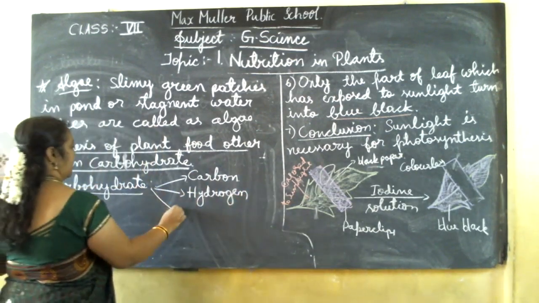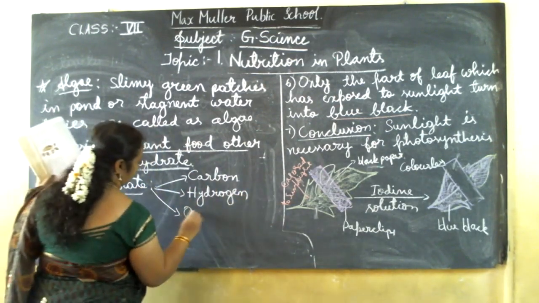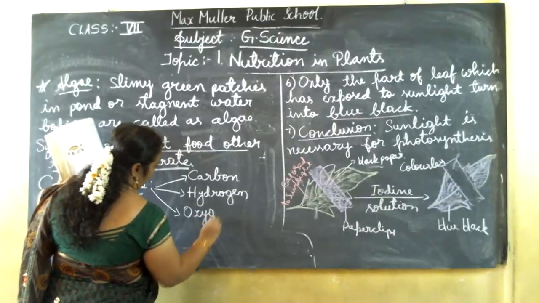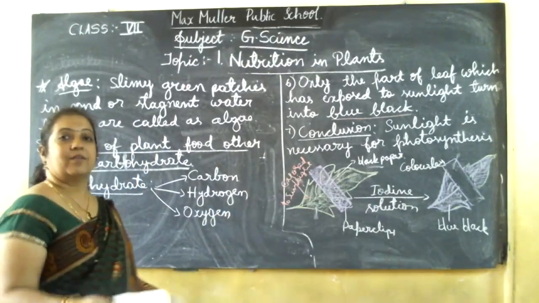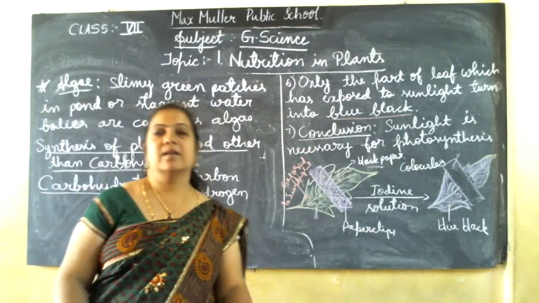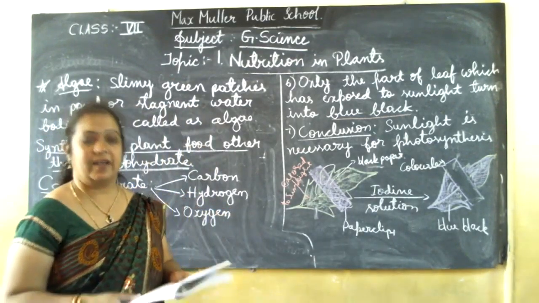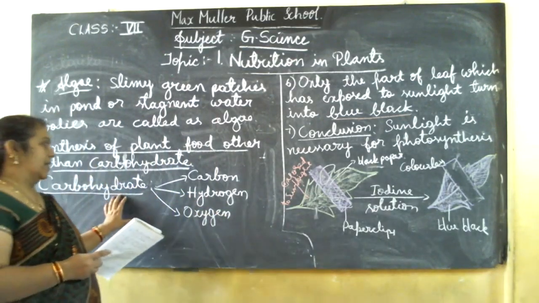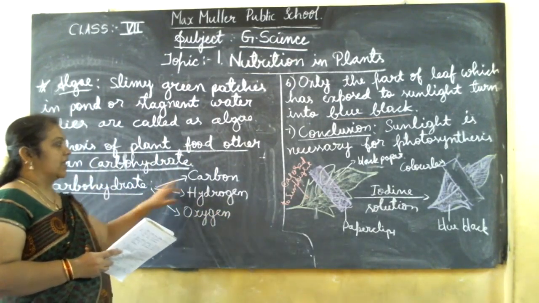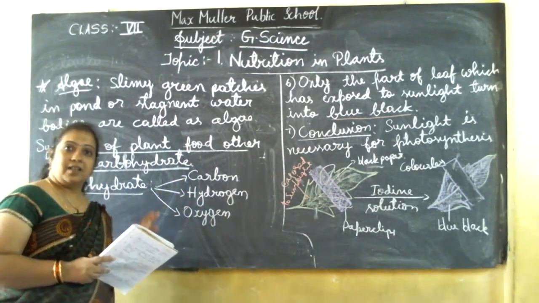Then one more, oxygen. We think only carbohydrate is prepared, but within a carbohydrate, these three things are present: carbon, hydrogen and oxygen.